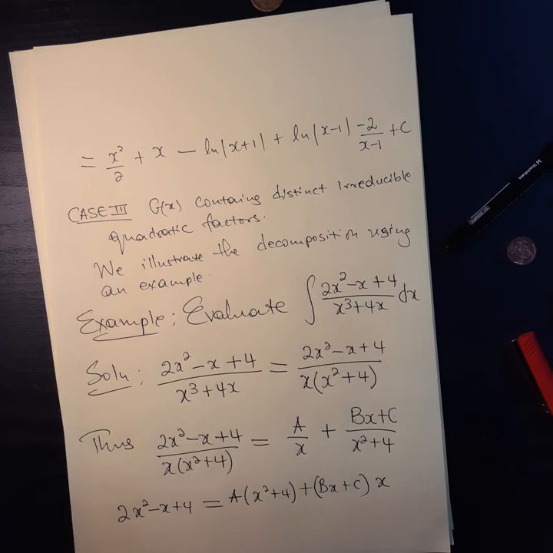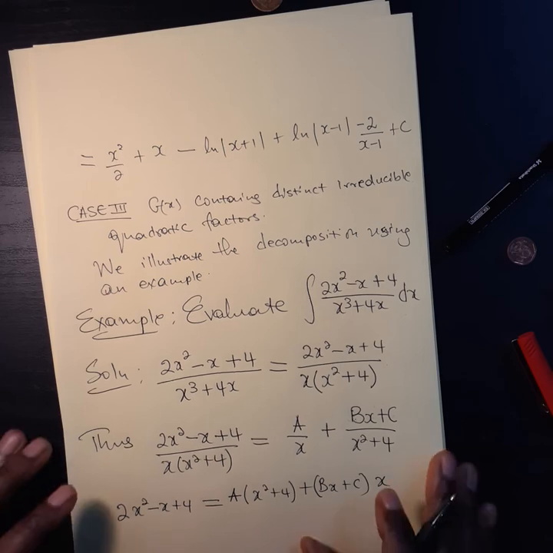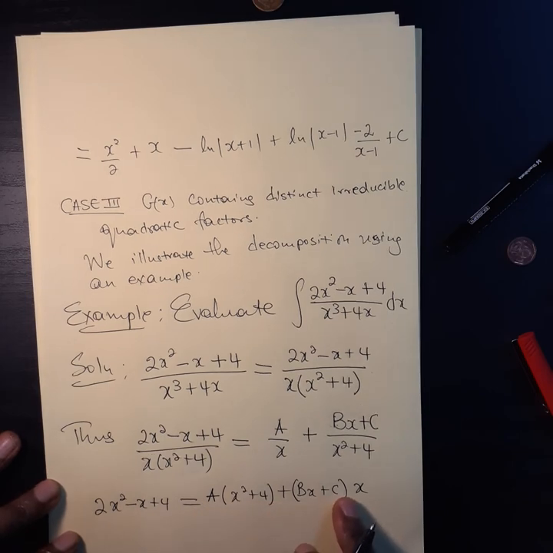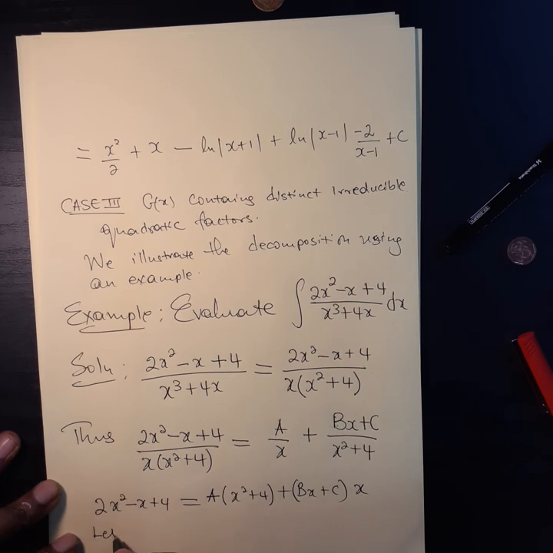And then we find the constants a, b, and c. We may first start off by using elimination, and then elimination will let x to be 0. If you let x to be 0, this will be 0, this will be a 4.